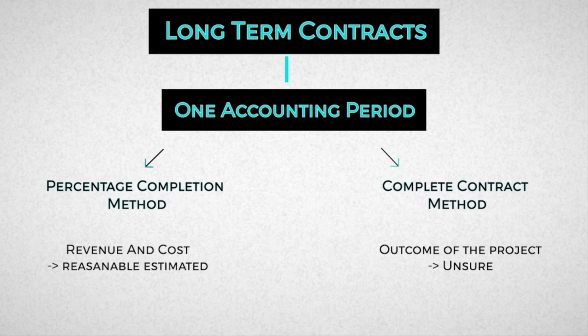The completed contract method essentially says that revenue and expenses can only be recognized when the contract is complete. So recognize all revenues and expenses when the contract is complete. Only on completion of the contract will you recognize all revenues and expenses at once. Before that, you will not do anything.